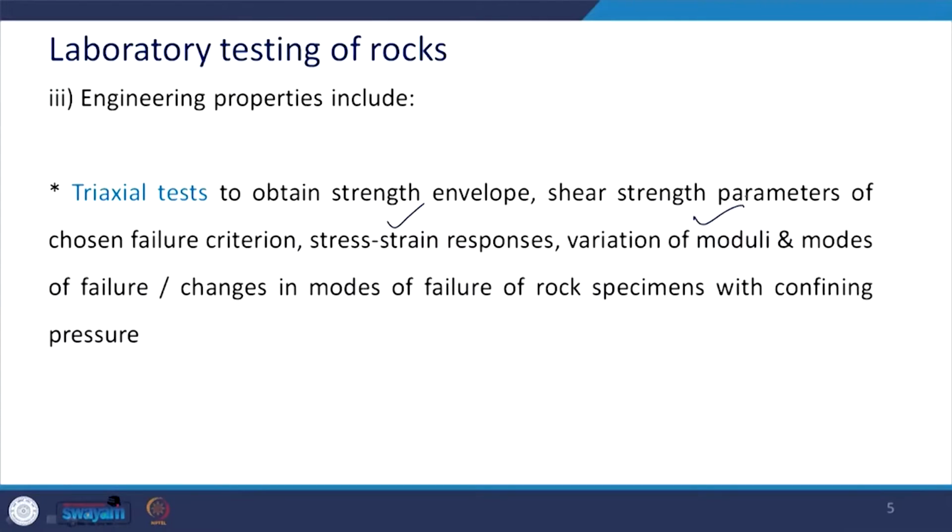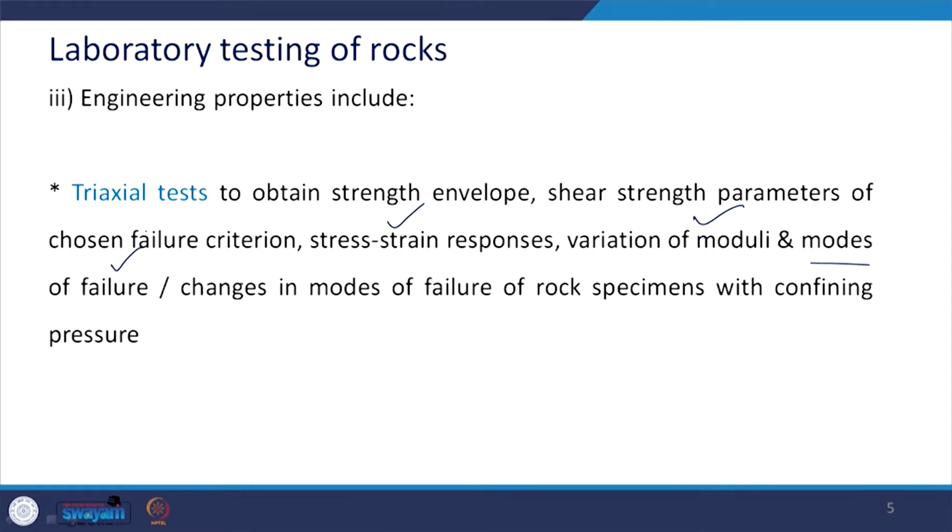Then, along with the strength characteristic, it gives me the stress strain response, variation of moduli, what are the various modes of failure, very important, and what are the changes which happen in the modes of failure with the confining pressure.